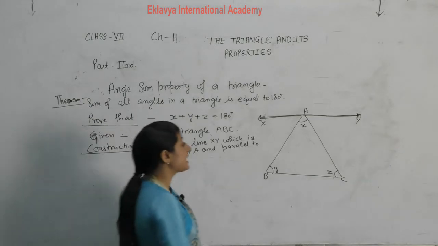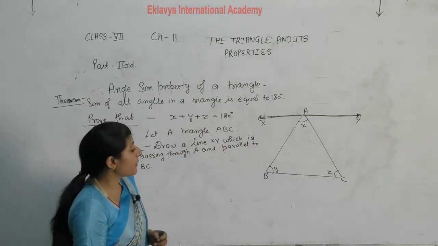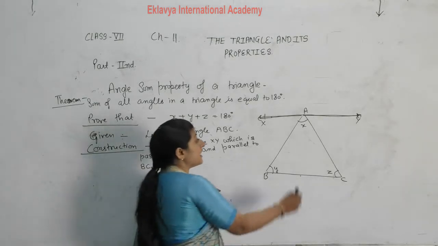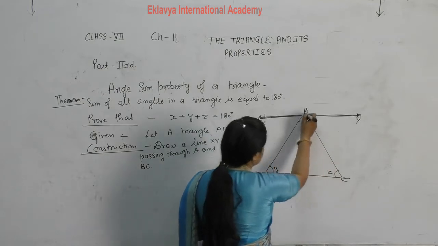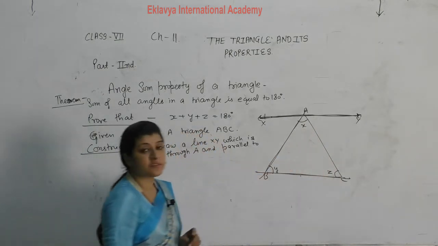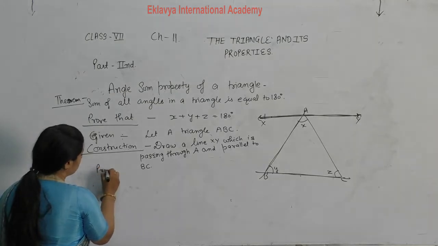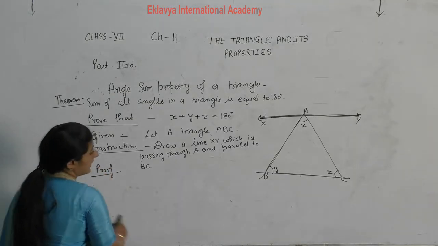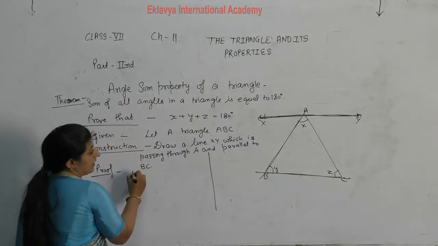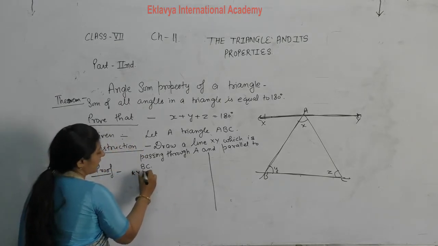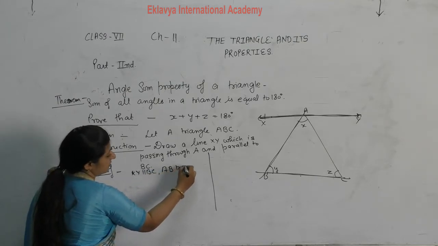It means we take the parallel line concept. Now we have XY parallel to BC. If this line is parallel to this, then AB becomes a transversal. So we start our proof. In our proof, XY is parallel to BC and AB is a transversal.